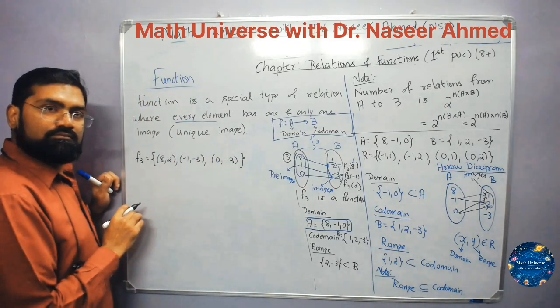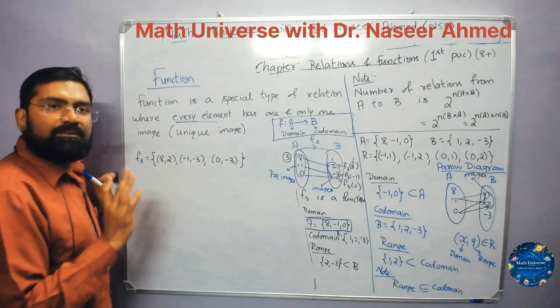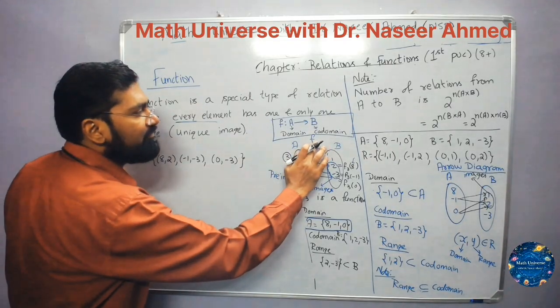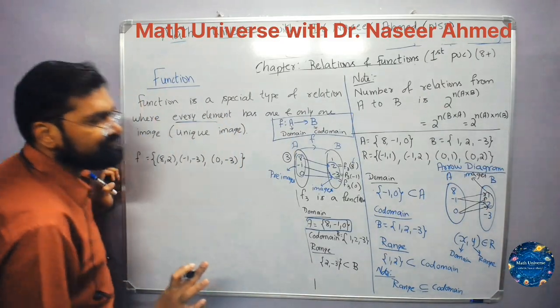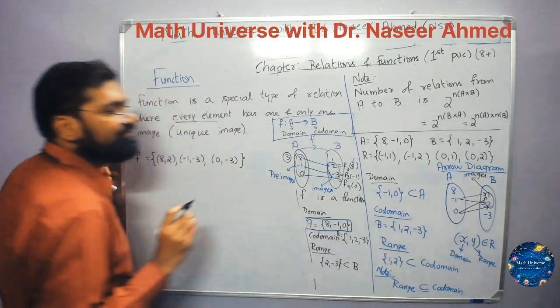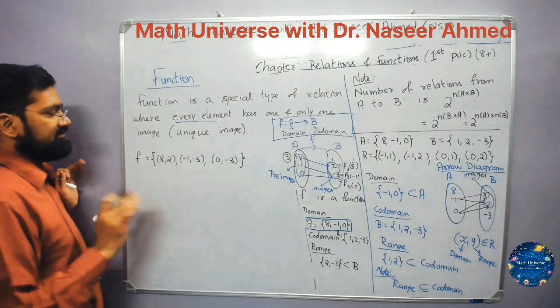Now, I'll do one thing. Let me try to remove the subscript, okay? I will just write F now so that I can have this discussion. I took F1, F2, F3 because I took 3 examples. Now I am confining to this.